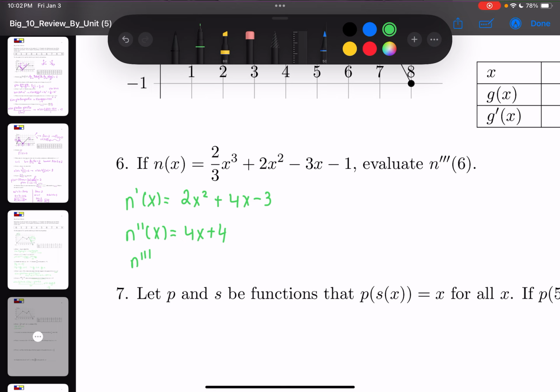We got n of x equals this beautiful function, and they want us to find n triple prime of 6. So, first thing we're going to do, we're going to derive n of x for the first time.